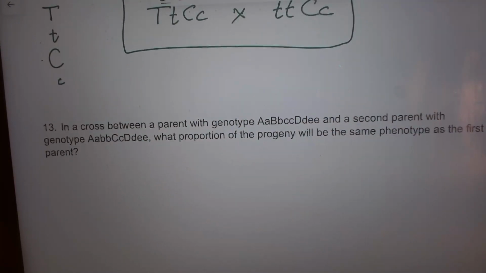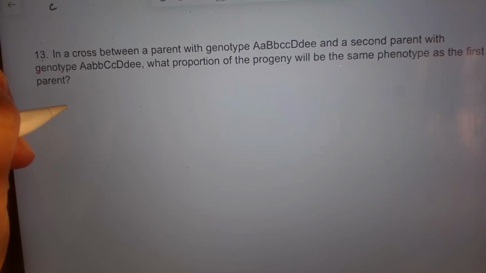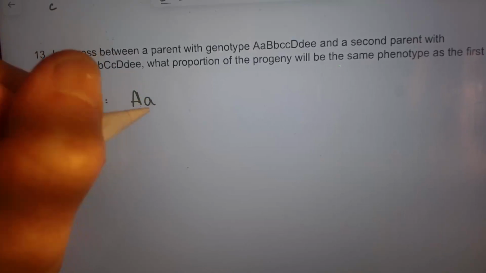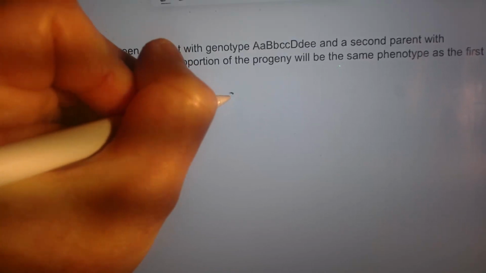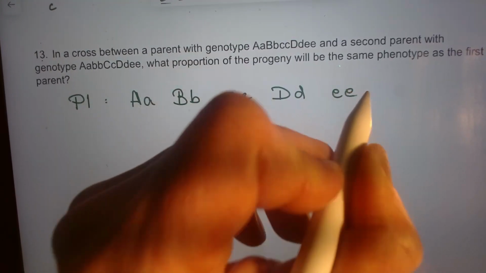Number 13. In a cross between a parent with a given genotype and a second parent with a given genotype, what proportion of the progeny will be the same phenotype as the first parent? Let's do it together. I would like to write it down again, how the parents look, parent 1 and parent 2.